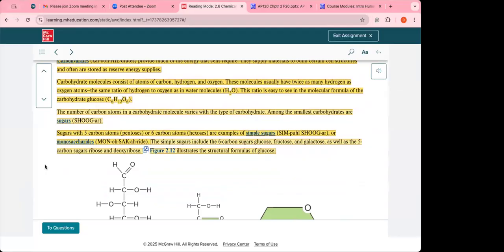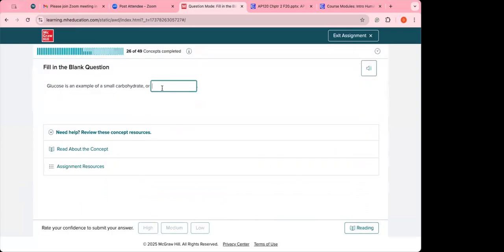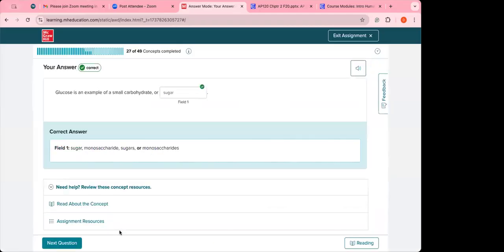Glucose is a sugar, small carbohydrate molecule. A sugar. Okay.